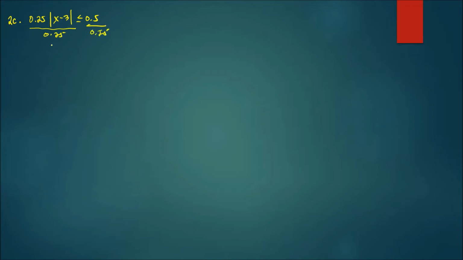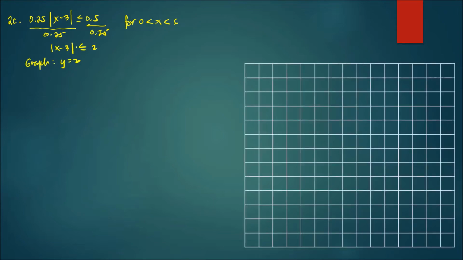So that would be the modulus of x minus 3 less than or equal to 2, right? Oh, by the way, we need to graph this for x greater than 0 but less than 6. Okay. So first thing we need to do is graph y is equal to 2.